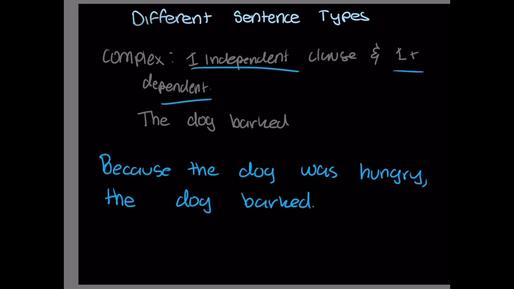Now we can do compound complex. Now that sounds scary. Compound complex. Oh my god, like what would this even be? Blah blah blah. This is just 2 plus, so 2 or more independent clauses and 1 or more dependent.